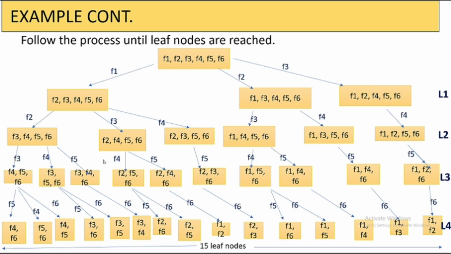Likewise, I have to follow the process. As I explained earlier, I have removed the features in ascending order. That is level 3. In level 4, I am left with subsets of 2 features. In the last level, I am left with 15 leaf nodes which have 2 features.